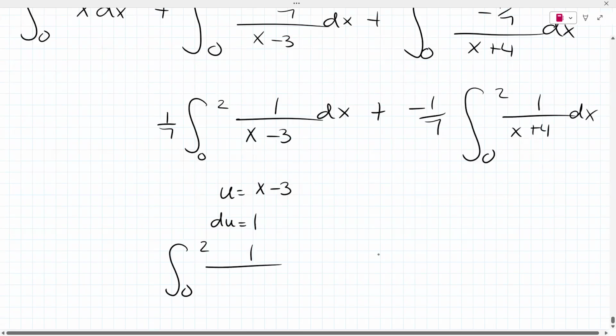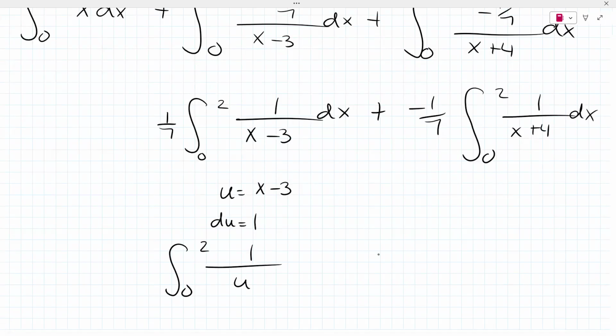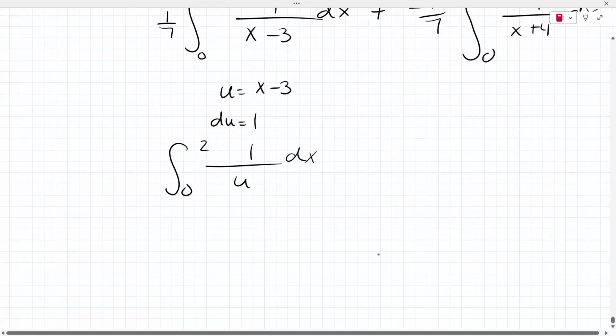So that's going to be from 0 to 2, 1 over x minus 3 is u, yeah, 1 over u dx. And then what's the integration of 1 over u, ln of u? Or actually, what we could do is change the boundaries.